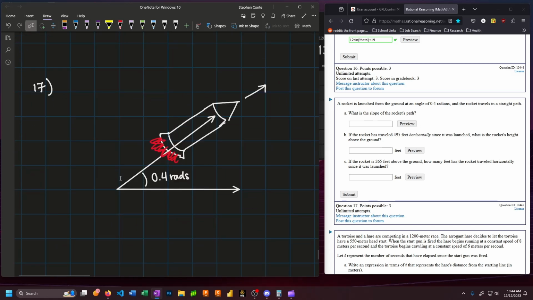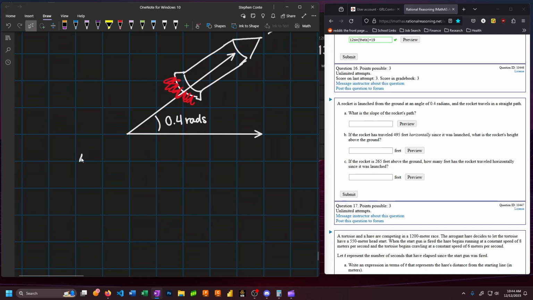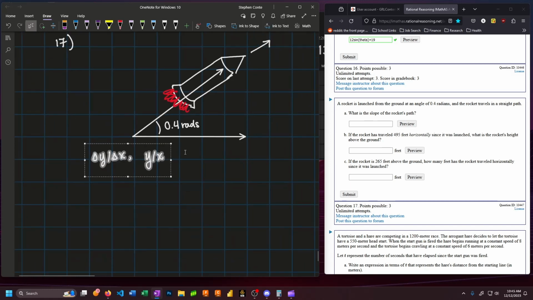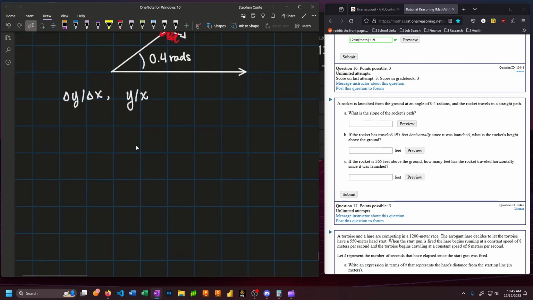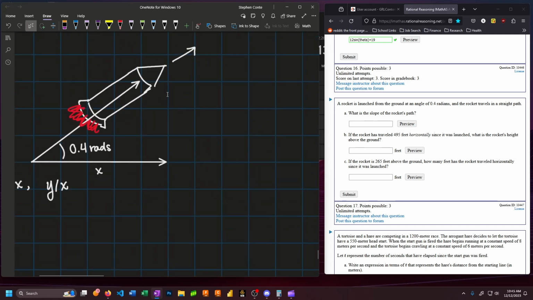Well, what is the slope, right? Slope is defined as delta y over delta x. You could say slope at a point could just be y divided by x. So if we want the slope y over x, if this is our x, then our y would be whatever this vertical distance is here.